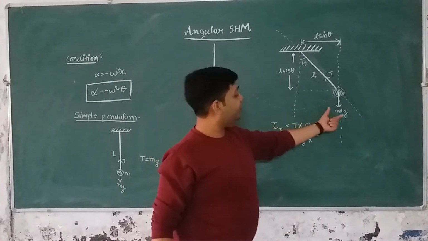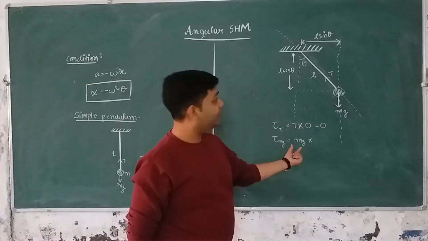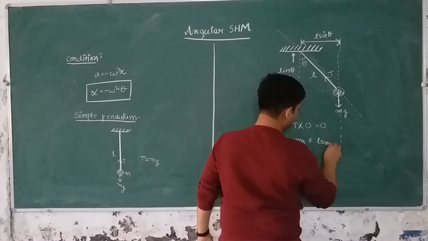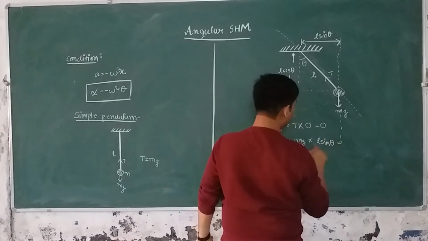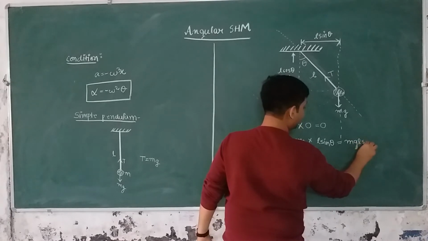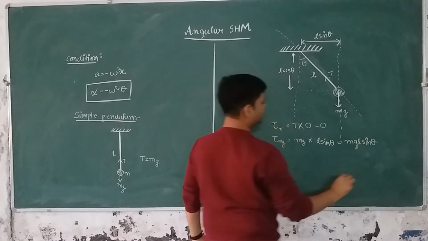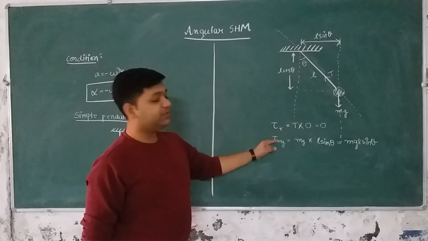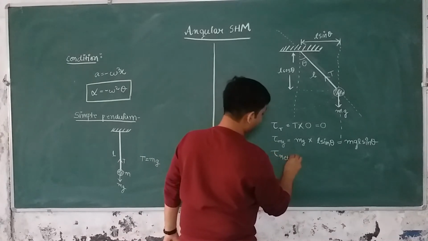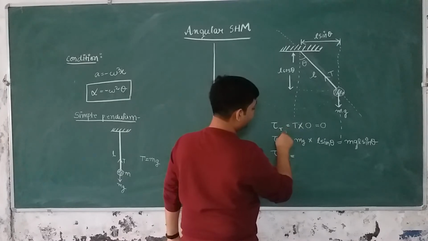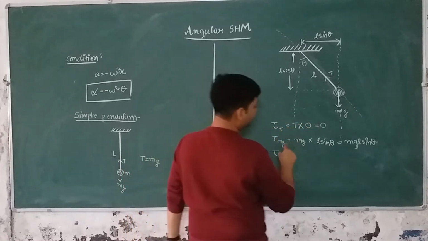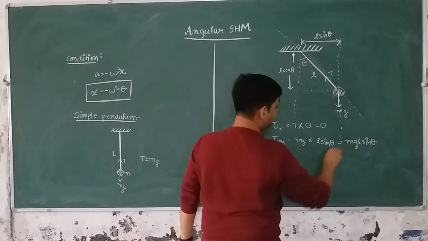So now torque due to this mg will be force mg into perpendicular distance, which is L sin theta. So tau net, the net torque acting on this ball, will be equal to torque due to the tension force plus torque due to the mg force, and because torque due to tension force is 0, tau net will be equal to mgL sin theta.